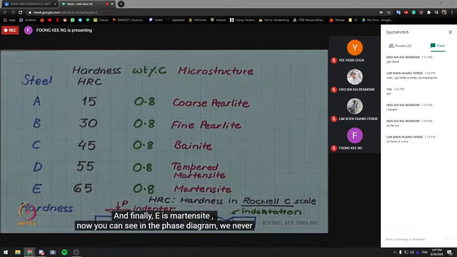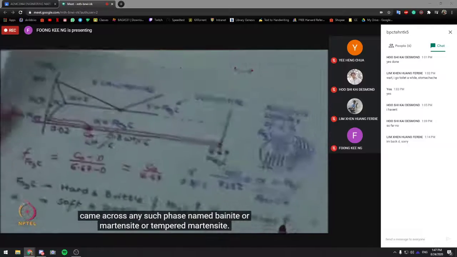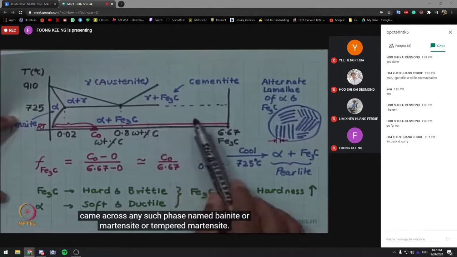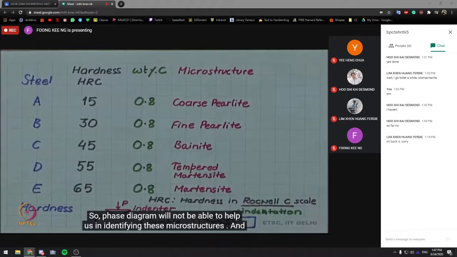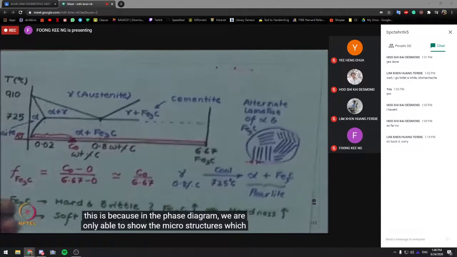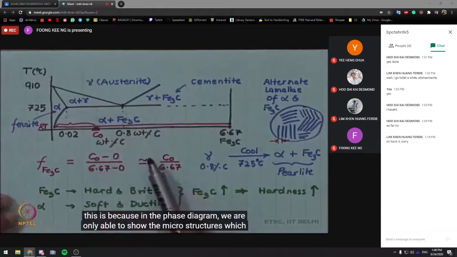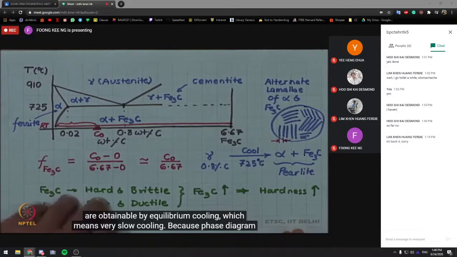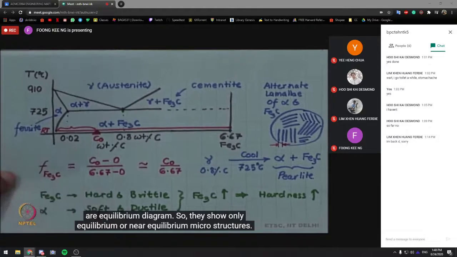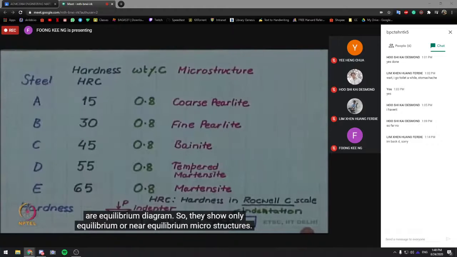Now you can see in the phase diagram, we never came across any such phase named bainite or martensite or tempered martensite. The phase diagram will not be able to help us in identifying these microstructures. And this is because in the phase diagram, we are only able to show the microstructures which are obtainable by equilibrium cooling, which means very slow cooling, because phase diagrams are equilibrium diagrams, so they show only equilibrium or near equilibrium microstructures.